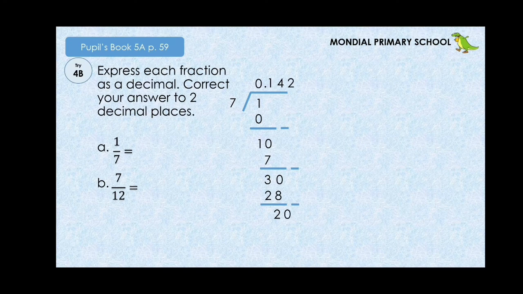Divide the thousandths by 7. 20 thousandths divided by 7 equals 2 thousandths with the remainder of 6 thousandths. Write 2 in the thousandths column of the question.